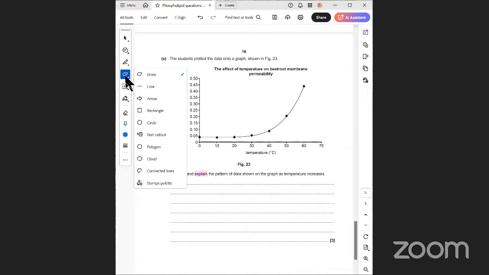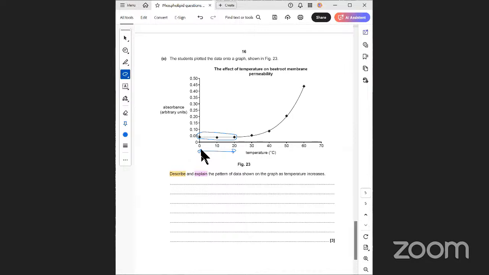So as I increase the temperature, nothing's happening for the first 20 degrees. So don't jump to a description that says, as I increase the temperature, the absorbance also increases. Well, no, it doesn't. So it's important that you're describing exactly what you see. So I've got low temperatures here and I've got no change. So there's no change in absorbance.